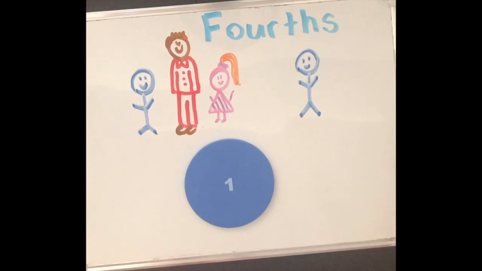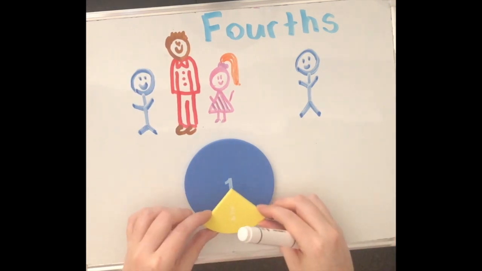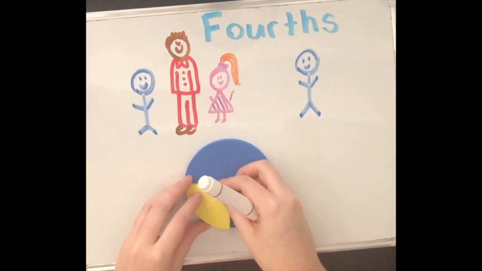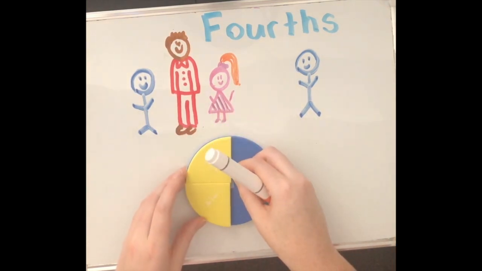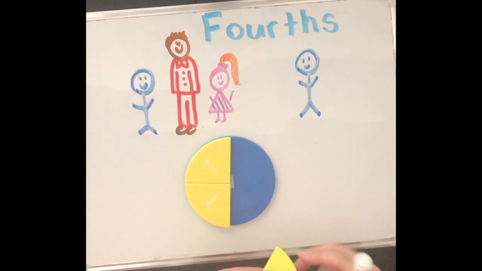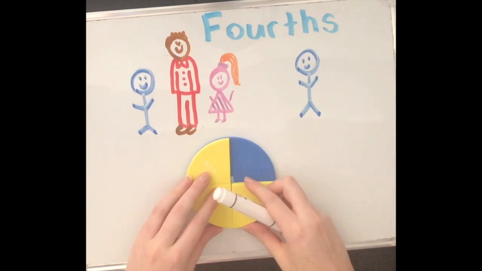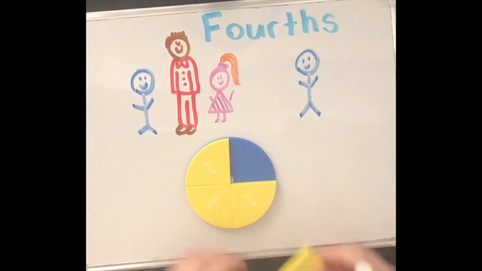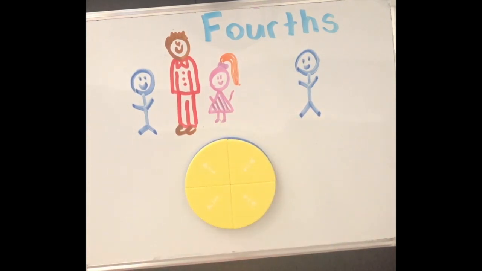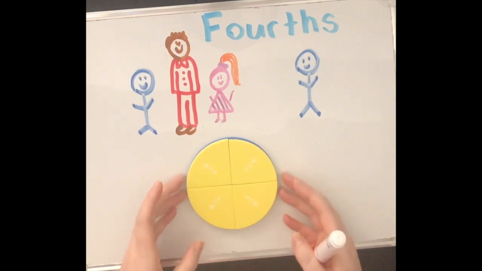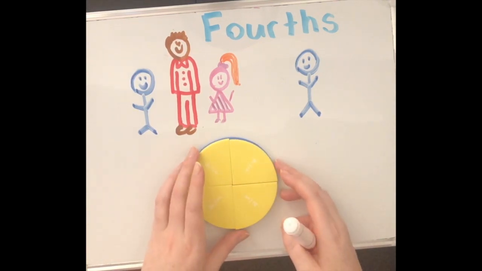When we take a whole and we make it into 4 equal pieces, they are called fourths or quarters. Okay, we have 2 words for this fraction. Fourths or quarters. It means we split our whole, anything, into 4 pieces. As you can see here, the pizza is still a whole.